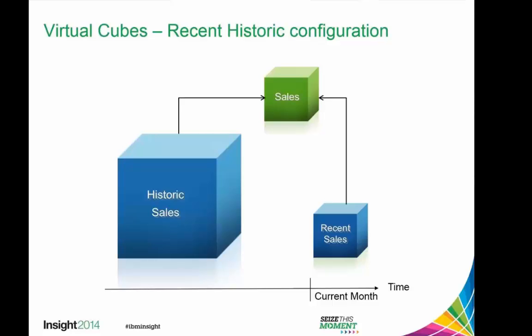And for the recent sales, every time there's an update, since the cube is really small, the refreshes for those cubes are a lot more palatable to handle, so that any query that goes up at the virtual cube at the sales level, since they are split amongst its constituent base cubes, performance is still as fast as it can be because your historic sales cube is already up and running, the caches are primed, they're warm, you haven't restarted it, you can still get those data points really fast, and the queries against the recent sales cube, since it's a lot smaller, are very fast as well.